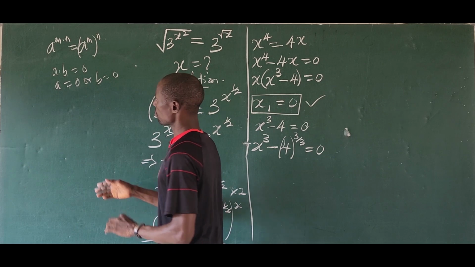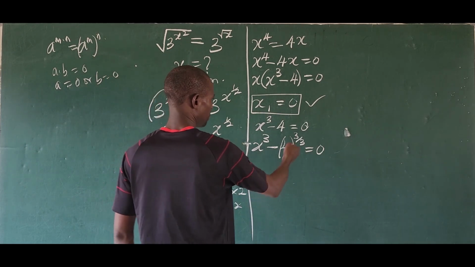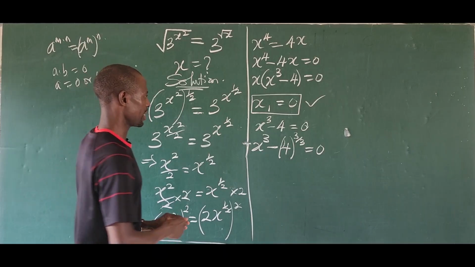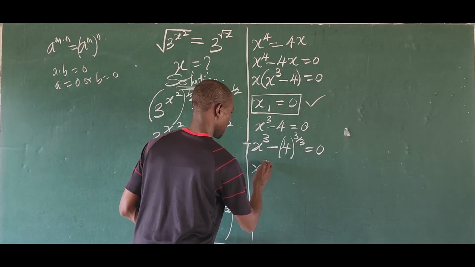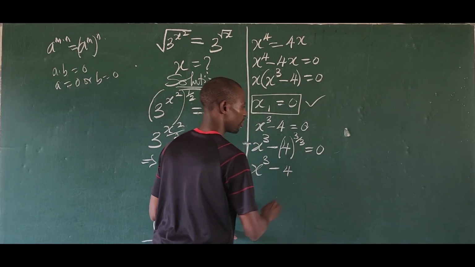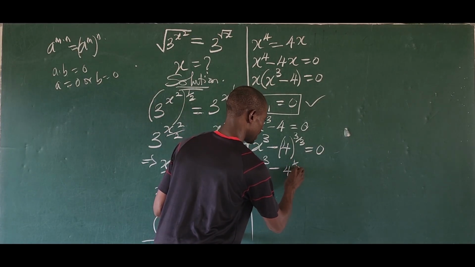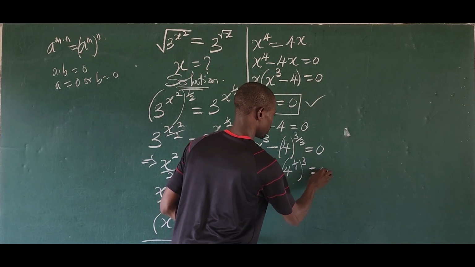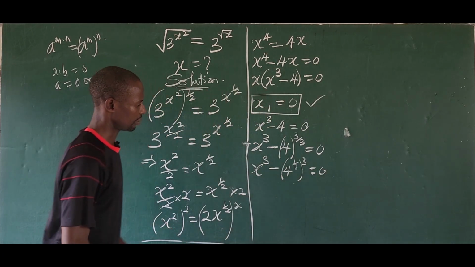If we consider this property, then we can shift in this 1 all over 3 inside here, right? So if we do that, this is going to give us x to the power of 3 minus 4 all raised to 1 all over 3, all raised to power 3 equal to 0. Wow.